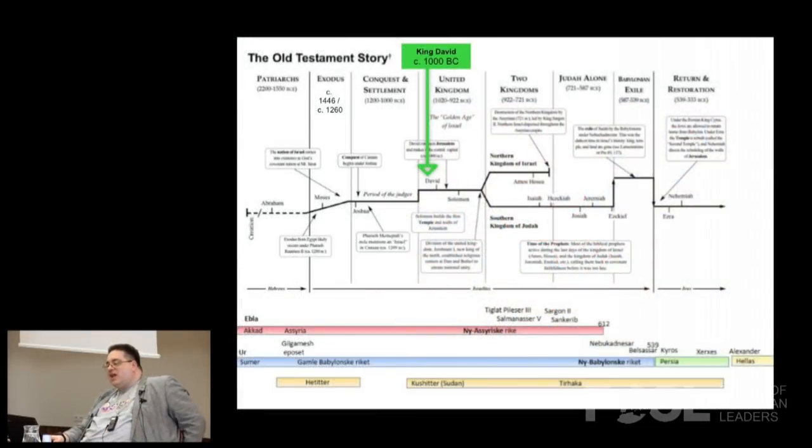We come on to the era of King David, where skeptics of the Bible have said that there wasn't any independent evidence that there was a King David or a house of David, and when they were forced to concede that he did exist, it wasn't the sort of golden age of Israel that the Bible depicts. It must have been a small tribal kingdom that didn't have much power and so on.